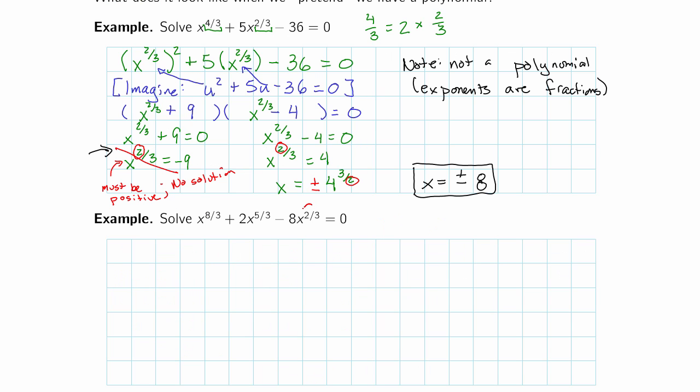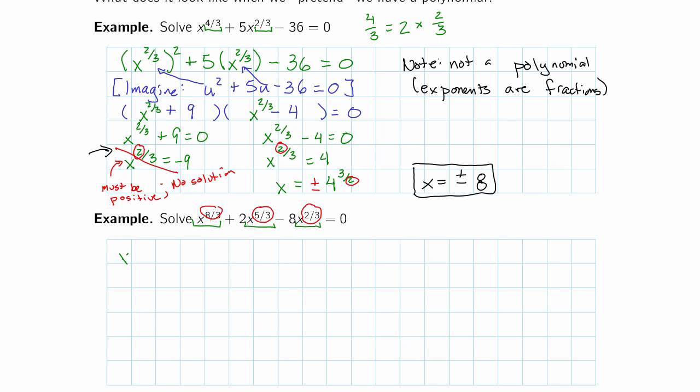Here, our exponents are not multiples of each other. Right? There's nothing nice I can multiply 2/3 by to get 5/3, or 5/3 by to get 8/3. However, I notice that all of these have as a factor some power of x. I can factor that out.